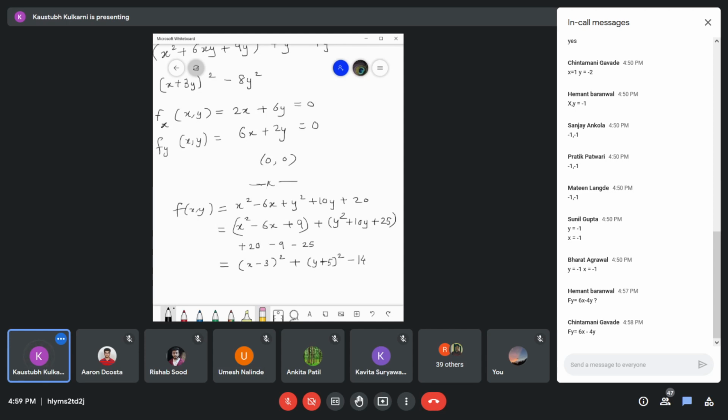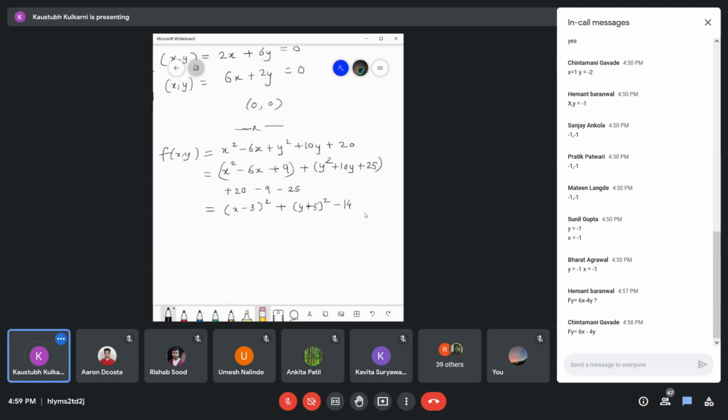Okay, so this actually matches with an equation z is equal to x square plus y square, which is a three-dimensional shape called a paraboloid.